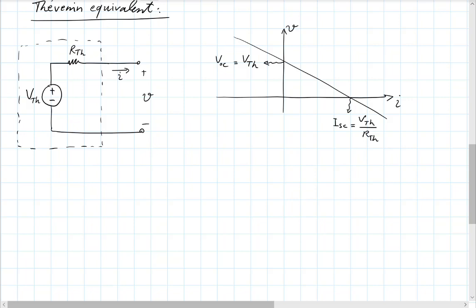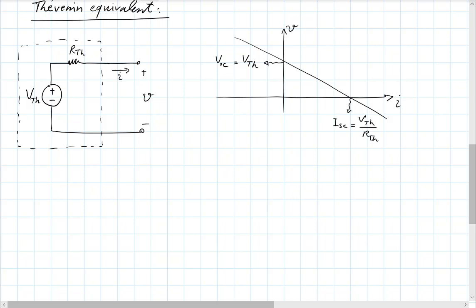That's a straight line. And to obtain the Thévenin equivalent of a circuit, we saw that you could essentially find any 2 points on this line, because to define a straight line, all you need is 2 points. But it is very convenient and perhaps insightful to find these 2 points.